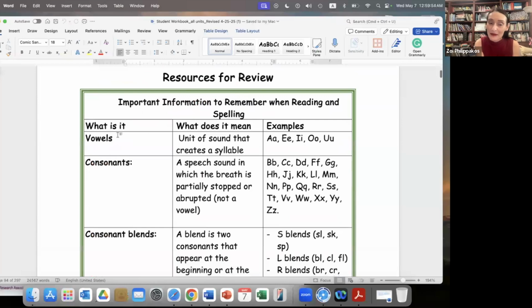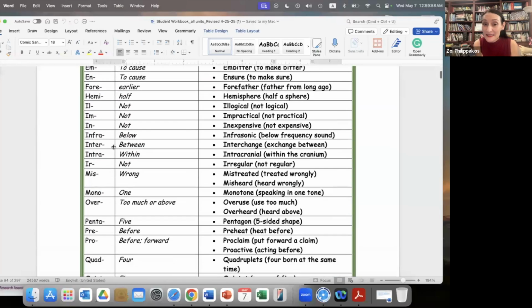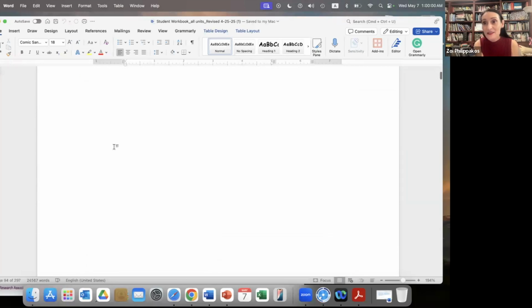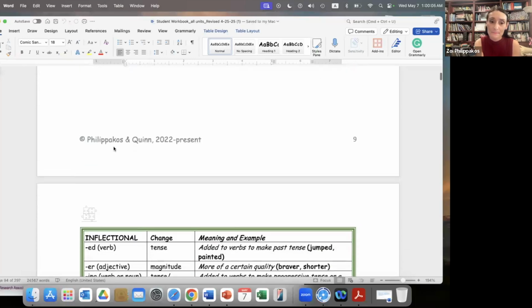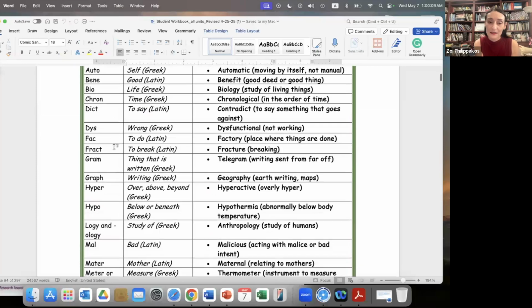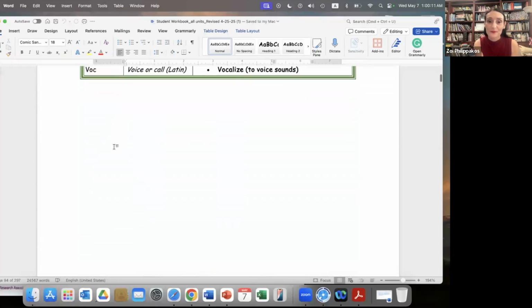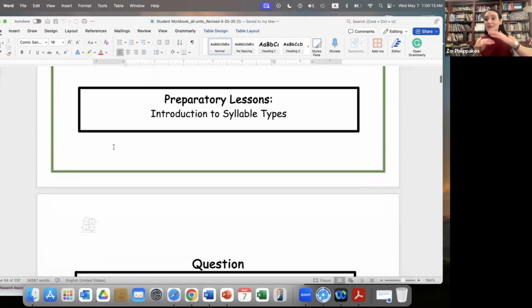Then they have a list of the vowels, consonants, prefixes, suffixes, exactly the same resources that the teachers will have. Common roots, and then the sections match exactly the sections that the teacher's instructional manual has.